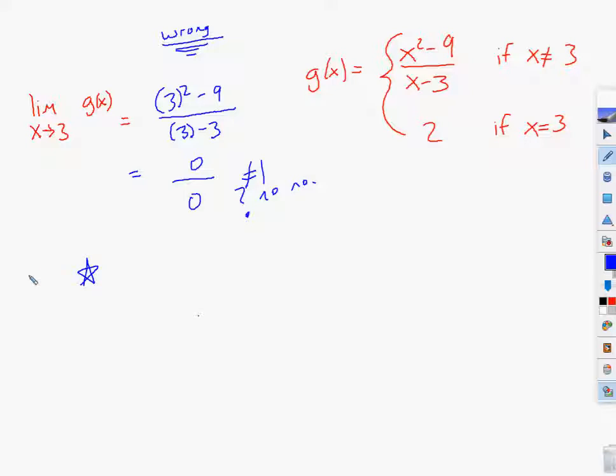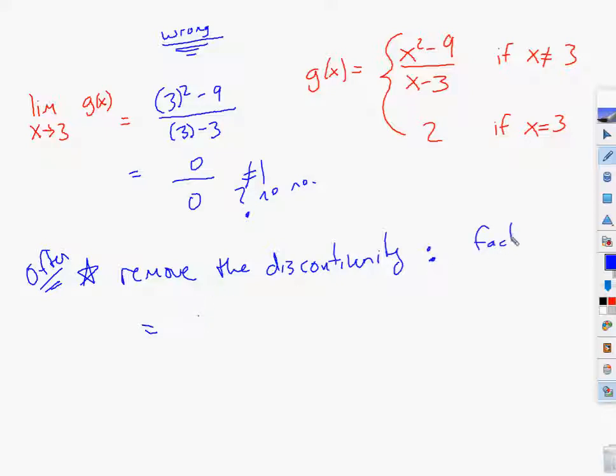This is often what we'll need to do, remove what's called the discontinuity. You've actually practiced this before. So actually our first step is not to put in the 3. Our first step is, in this case, sometimes removing the discontinuity means to factor.